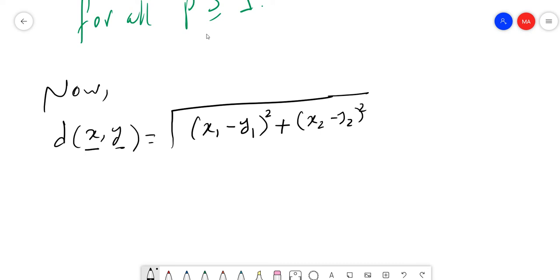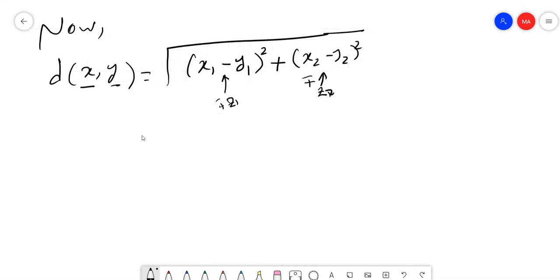As we have done before with this trick, I will add and subtract z1, and similarly I will add and subtract z2.